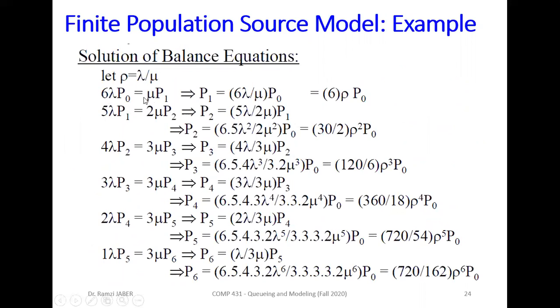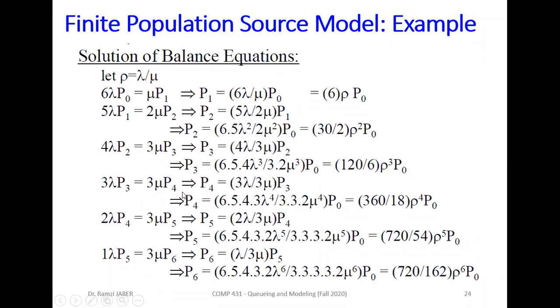6 lambda P0 equals mu P1. Okay? This implies that P1 equals 6 lambda over mu P0, which is equal to 6 rho P0. For the second equation, replace P2 as a function of P1, replace P1 as a function of P0, we get 30 over 2 rho squared P0. And so on, and so on.